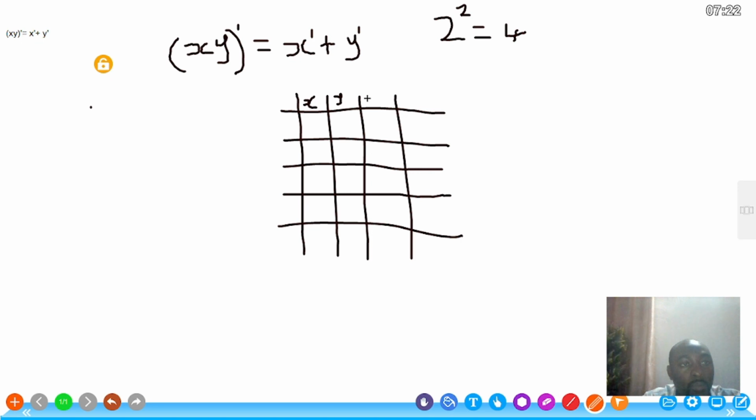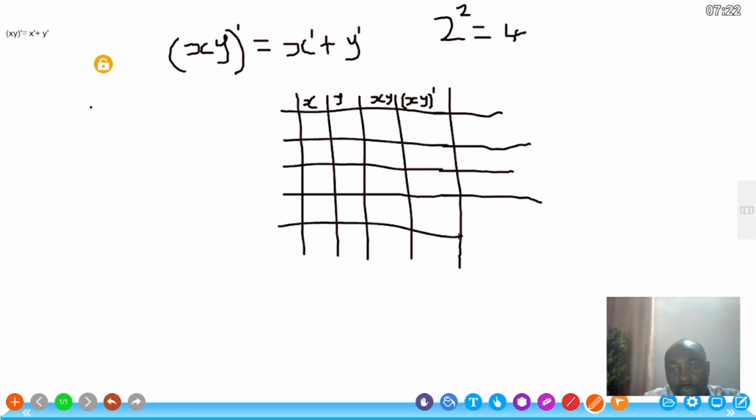So we'll need xy, then we also need x y all primed. And then on the left hand side we are going to need x prime, y prime, and then the x prime plus y prime together.